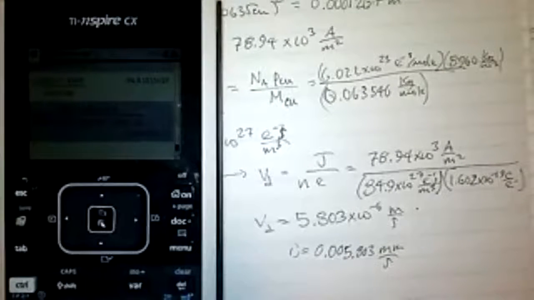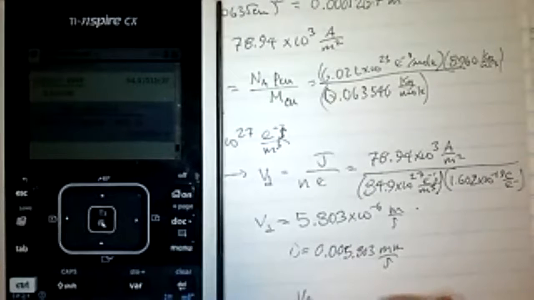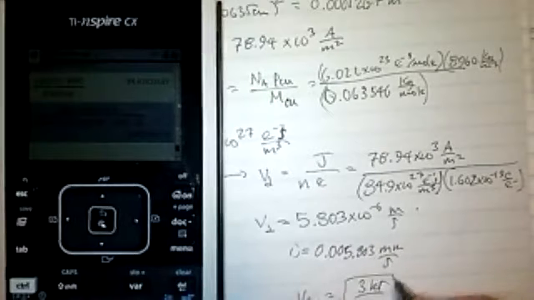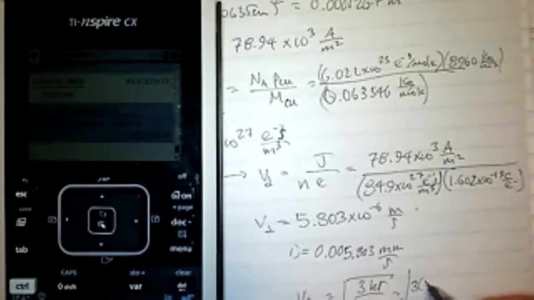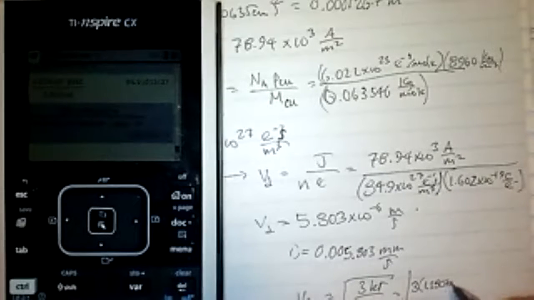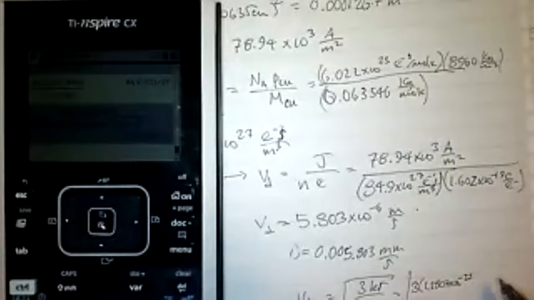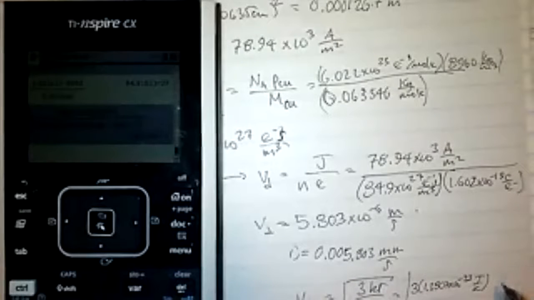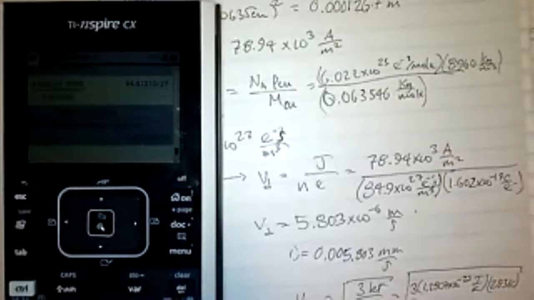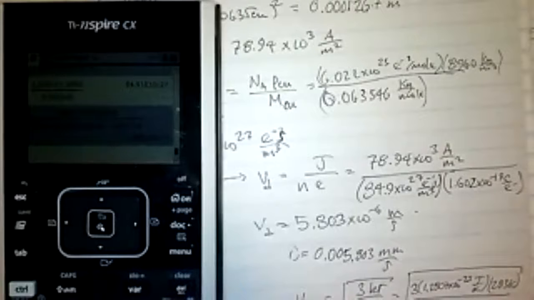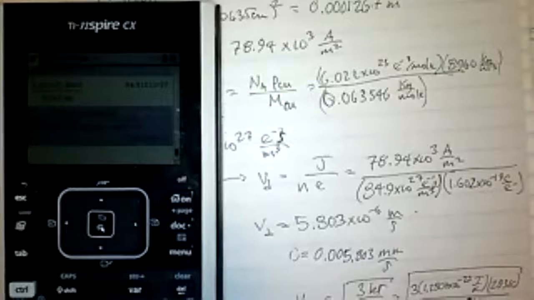And in fact, if you had thermo already, you'd know that the root mean square speed of this is supposed to be the square root of 3kT over m, where m is the mass of the electron. That turns out to be roughly 3 times 1.3807 times 10 to the negative 23rd joules per Kelvin times 298 or 293 Kelvin, and 9.109 times 10 to the negative 31st kilograms, that's the mass of the electron.